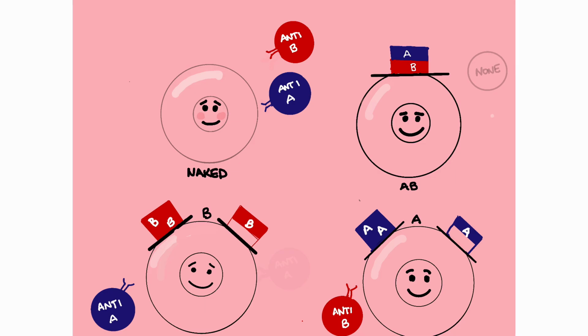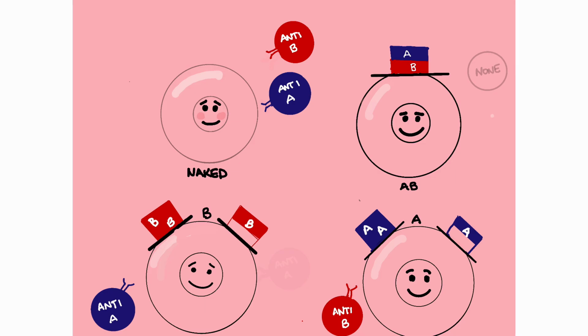Here, we call type O naked, which it is as far as type antigens go. Then there is type A and type B, and the combination of those two antigens, which is type AB. This is how only two type antigens can make up four blood types.